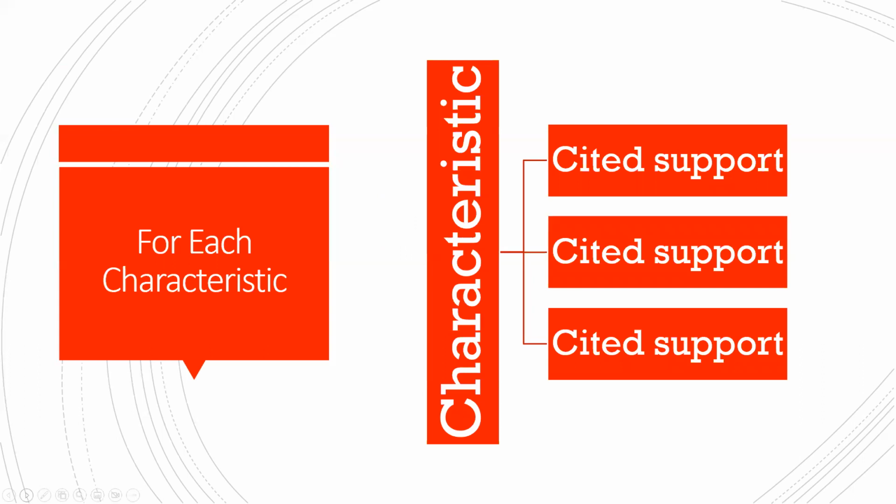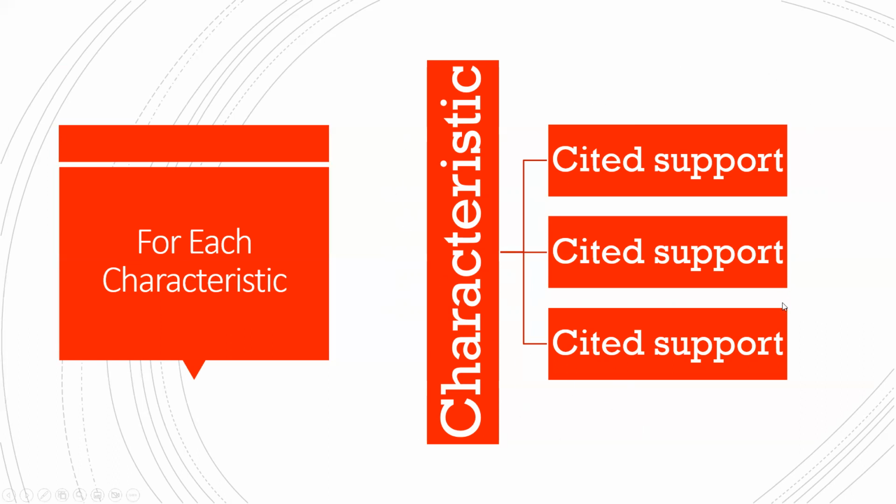Okay, so yeah, again, for each characteristic, you want to have cited support to support the contention that you're making. And cited support is something important that I'll talk about later when I discuss ways that students typically lose points in this assignment.